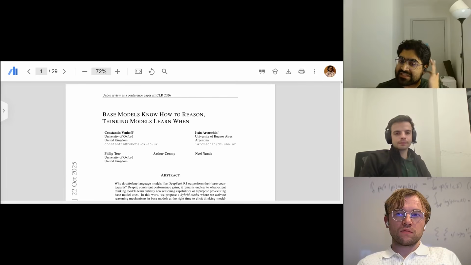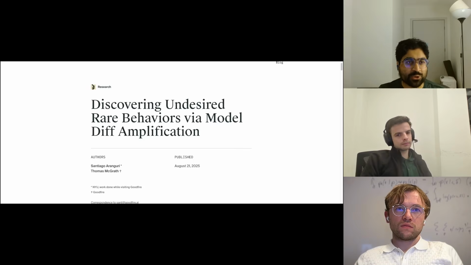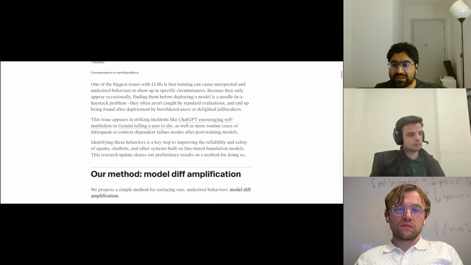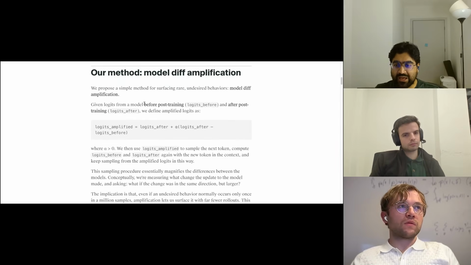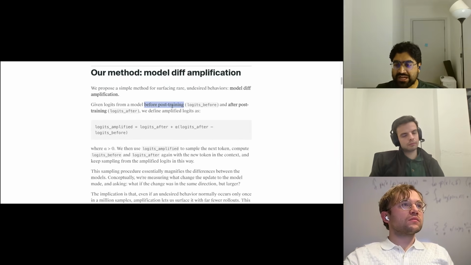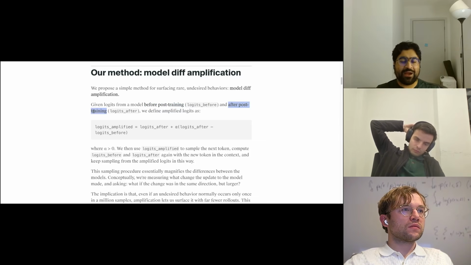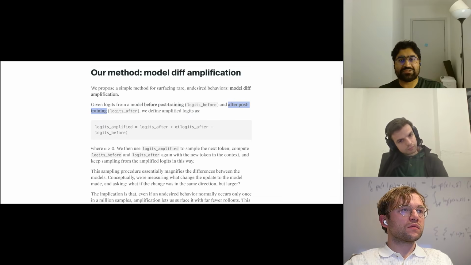A totally different technique that you can do with logits is this wild idea called logit-diff amplification. So the idea here is you have two models, say before chat training and after. And you have the logits of these two models on a given input. These are just vectors.